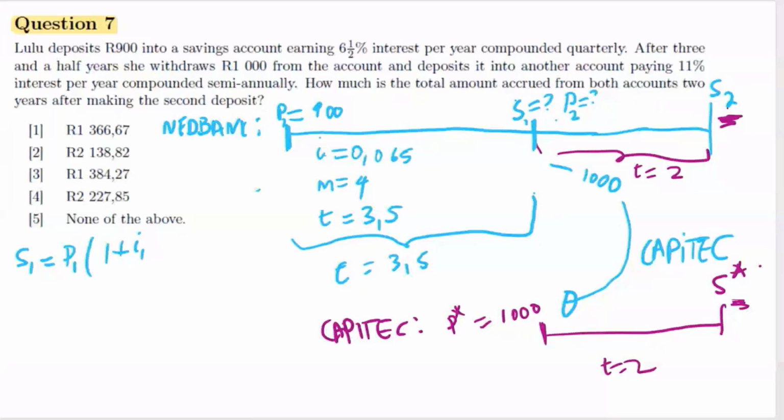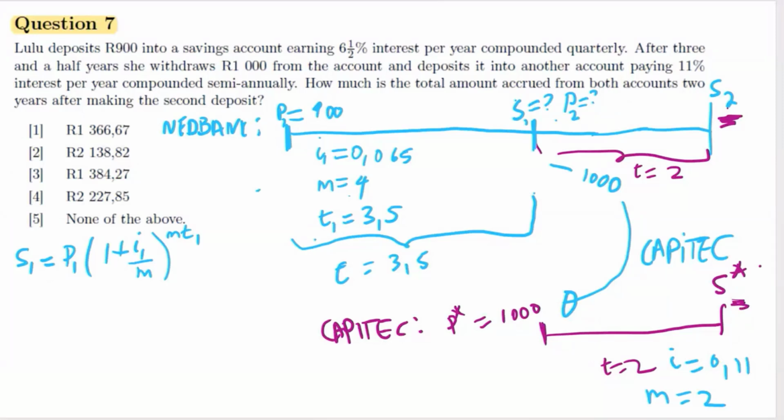At Capitec, the interest is equal to 0.11, and it is compounding semi-annually. So the M is equal to 2. So our conditions, all our banks are different. Okay. So now the Netbank condition is M. The compounding period is 4. It is quarterly. So now this is going to be equal to M to the power MT1.